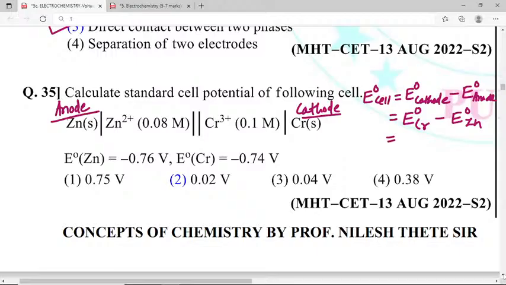Chromium has a value of minus 0.74, minus zinc with a value of minus 0.76. Minus becomes plus, so minus 0.74 plus 0.76 gives 0.02 volt.